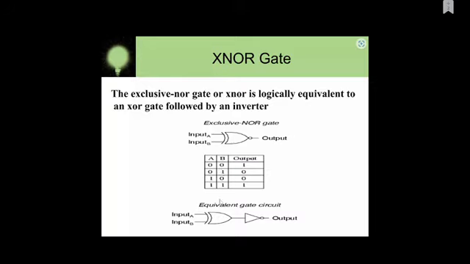In the XNOR, if any one of the inputs is high, the output is 0. If both inputs are 0, the output is high. If both inputs are high, the output is high. So this is exactly the complement of the XOR gate.